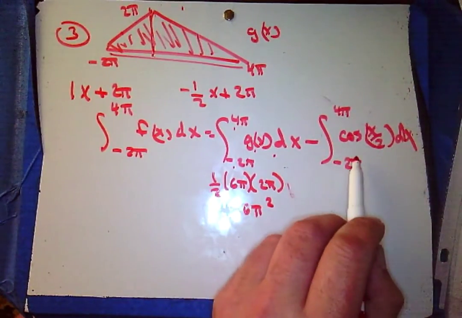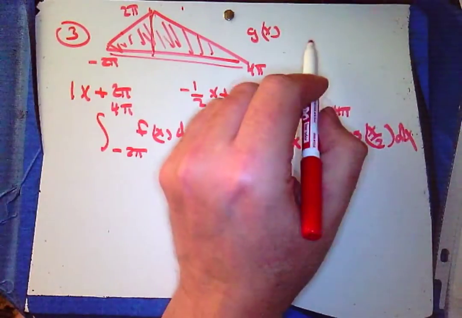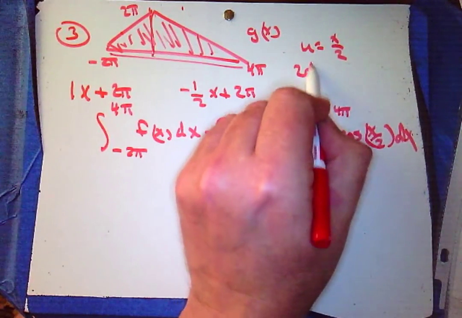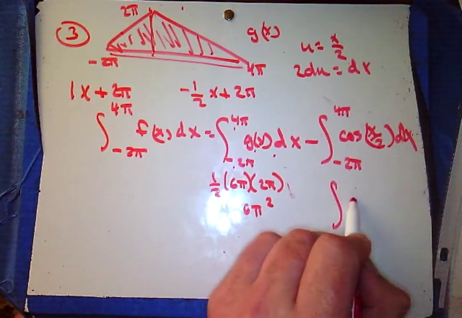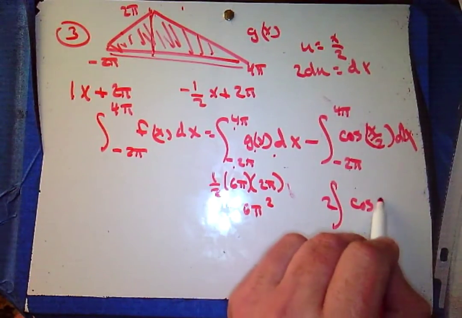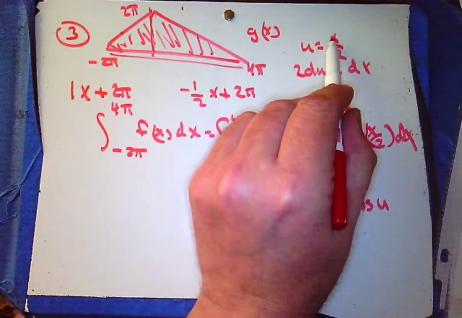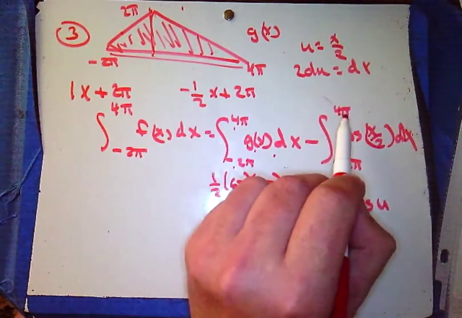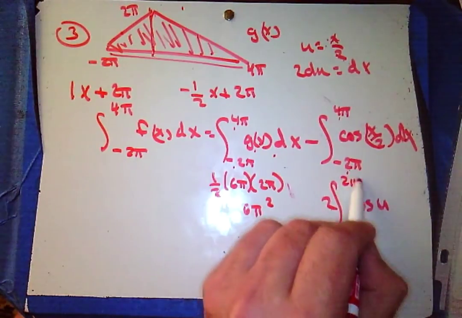Now, what about this? I need to do this integral. If I'm not comfortable with it, I could say u is x over 2, and therefore 2 du is dx. So I could rewrite this as 2 cosine u. Let's plug in the u-bounds. Negative 2 pi divided by 2 is negative pi, and 4 pi divided by 2 is 2 pi.